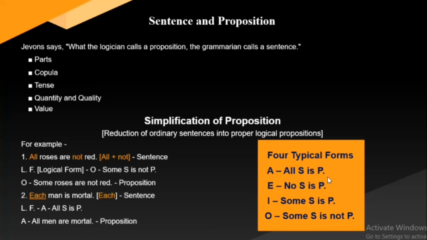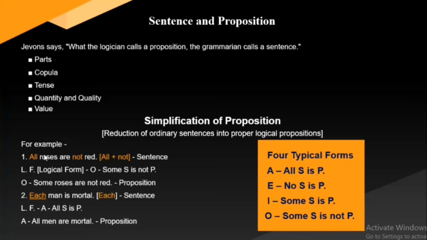In transforming a sentence into a proposition, our attention is to be drawn to the meaning of a sentence and not to its mere form. The original meaning of the sentence should not be altered. It must remain the same.